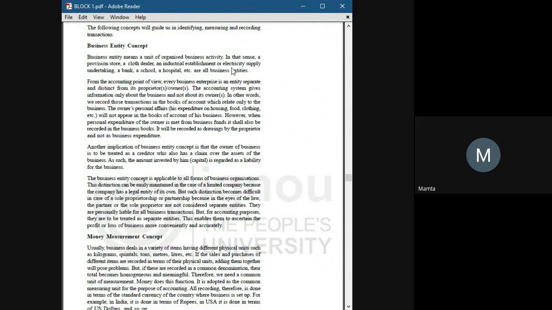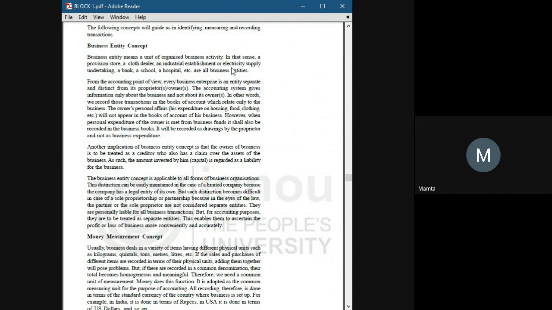We should always consider the owner as the creditor of a business, because now or in future our business has to pay the amount which the owner has invested back to the owner.